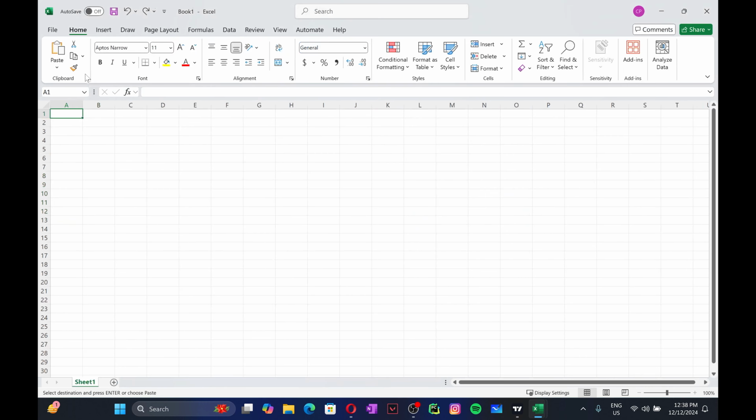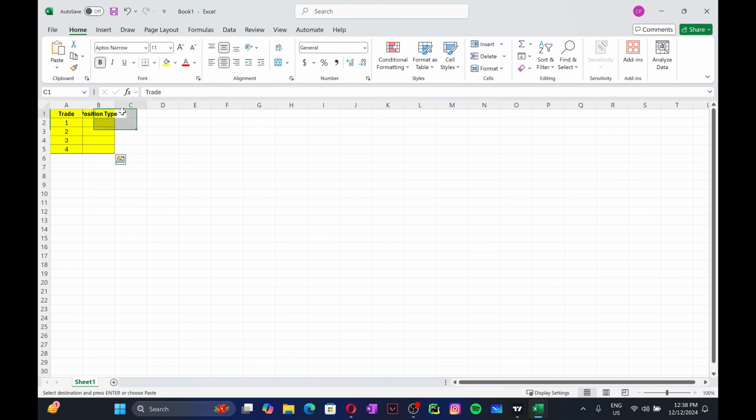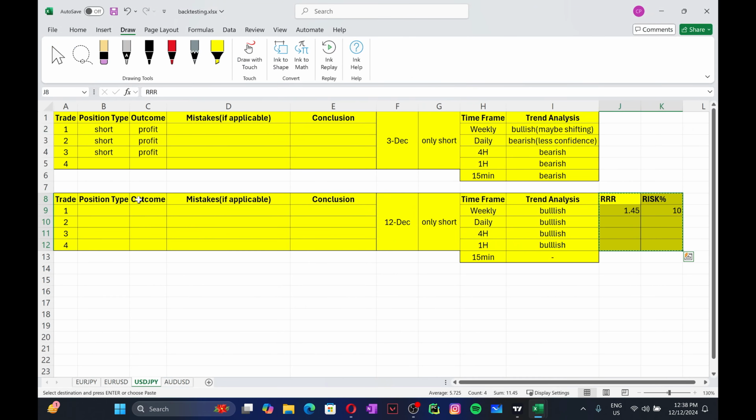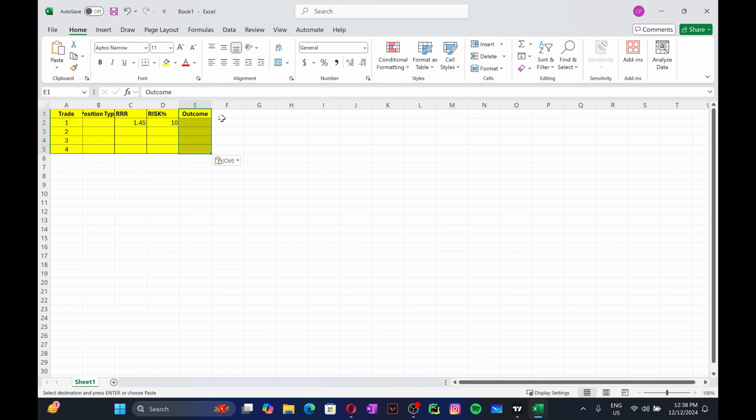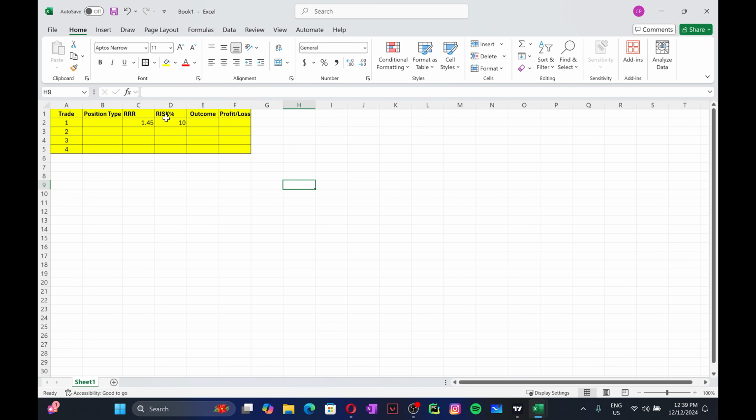So I'm going to copy these two, put them here, and copy this, put them here, and copy this, put them here. Okay, all borders and thick outside borders, and also we're gonna have all of this together as one.